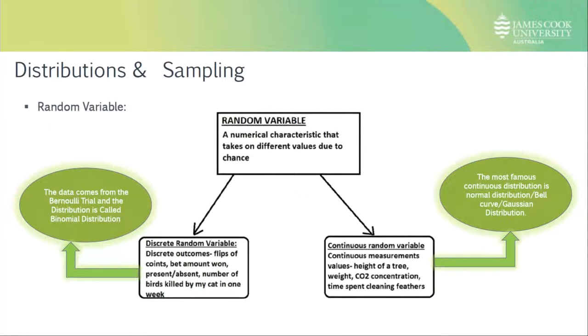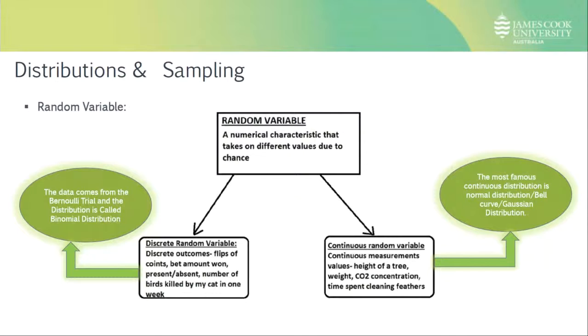Okay, so the distribution of the data, and we have to remember two important things. One important thing is knowing the characteristics of the random variable.